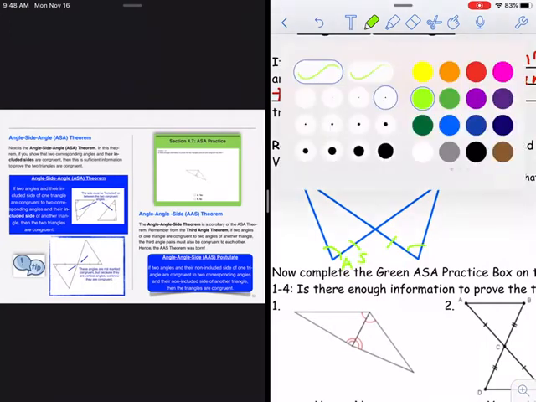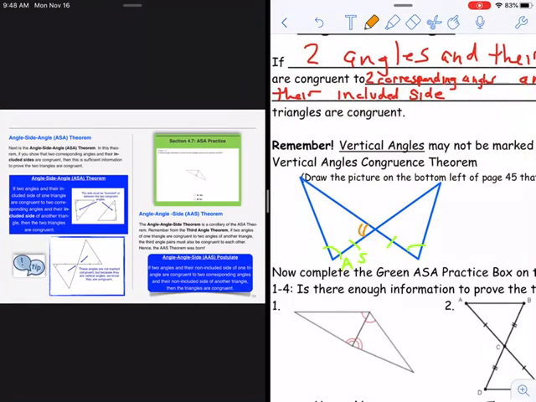But what we have to be really good at is saying these two angles are also congruent. Why? These are vertical angles. So there's a lot we have to be really good at. Reflexive property, vertical angles. We've used midpoint a lot in this class. So this is kind of like a summary of stuff we've used throughout the year.